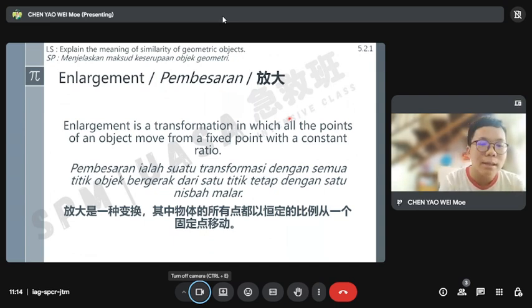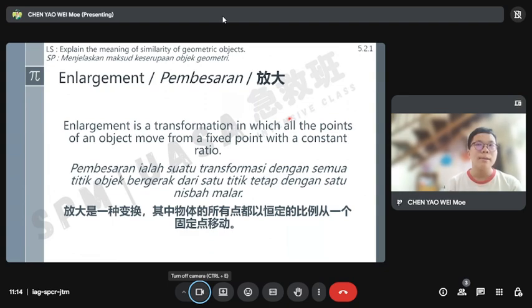You can also use length: divide the corresponding side lengths, and if the answer you get is the same as for the other pair, then they are similar.